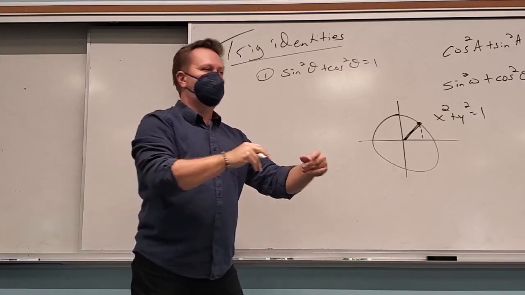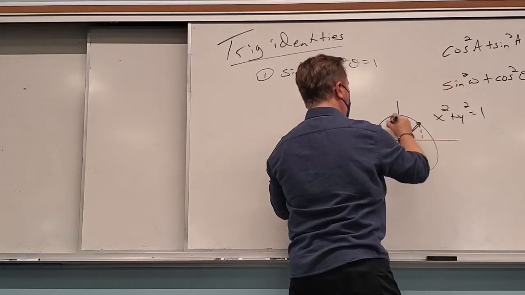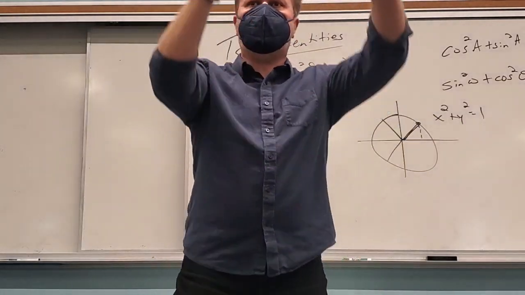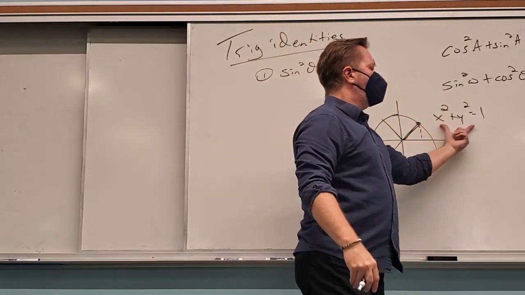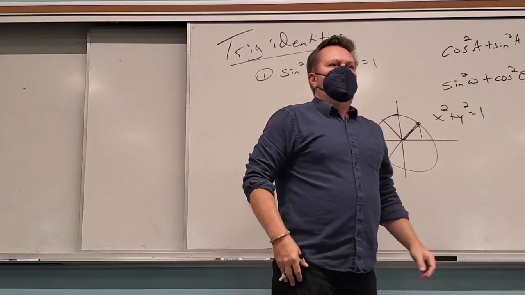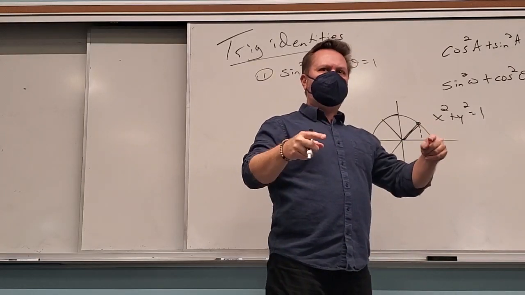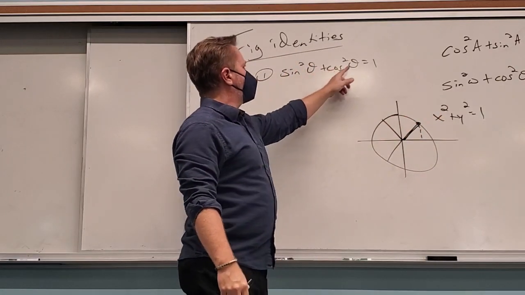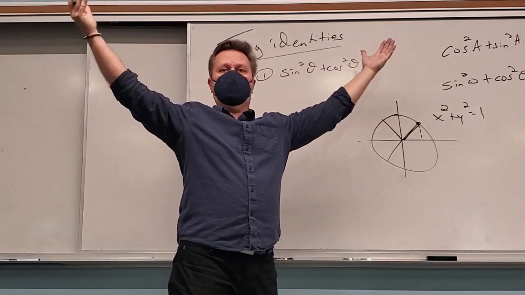So omega could be over here and theta could be over there. There's no reason they have to equal 1 then. They're not at the same point. They don't have to make this true. So when you see an identity, you have to realize things like that. These angles must be the same, or else who knows?